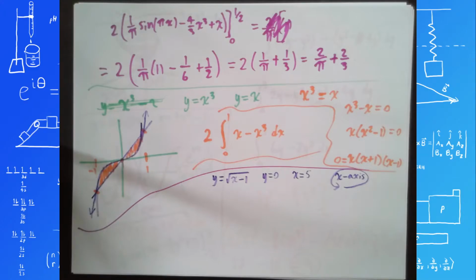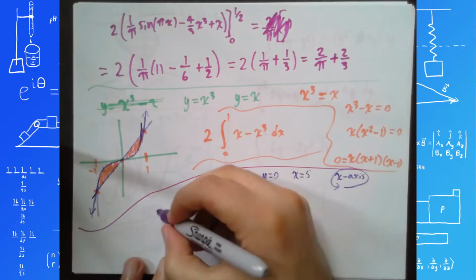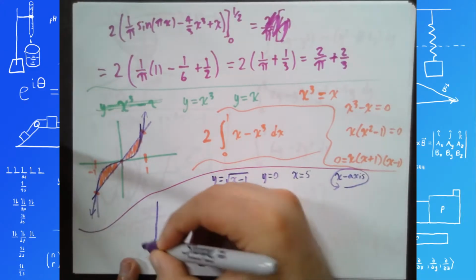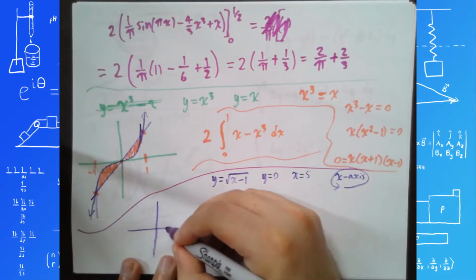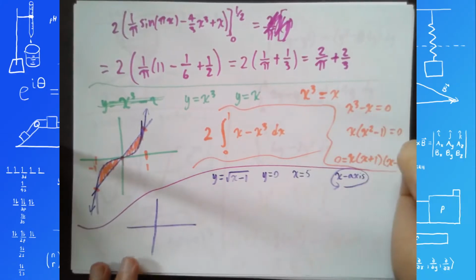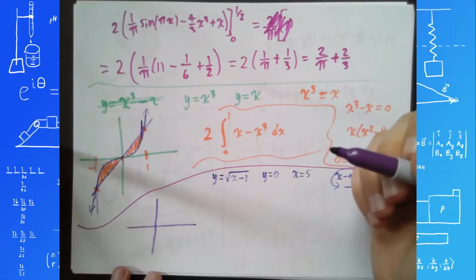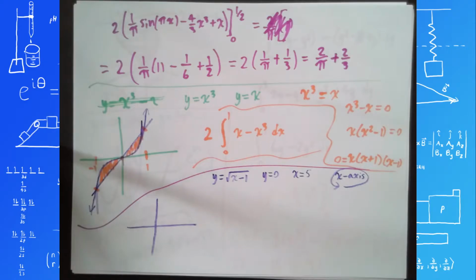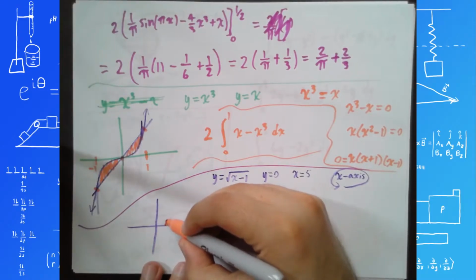This shouldn't be too hard. Let's go ahead and draw to make sure we understand what it is we're looking at. Okay, y equals square root of x minus 1. Looks like square root of x, but shifted to the right one space. So that would look like this.